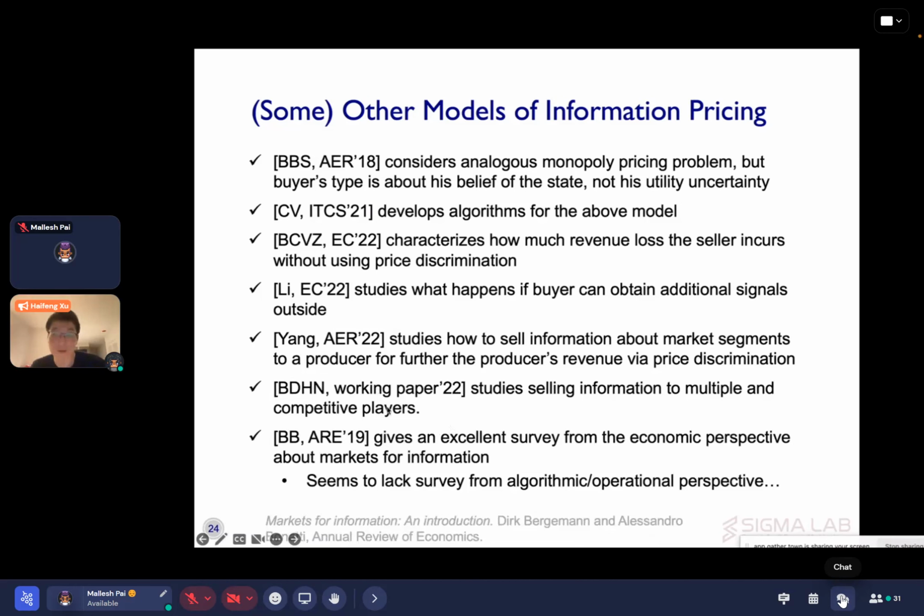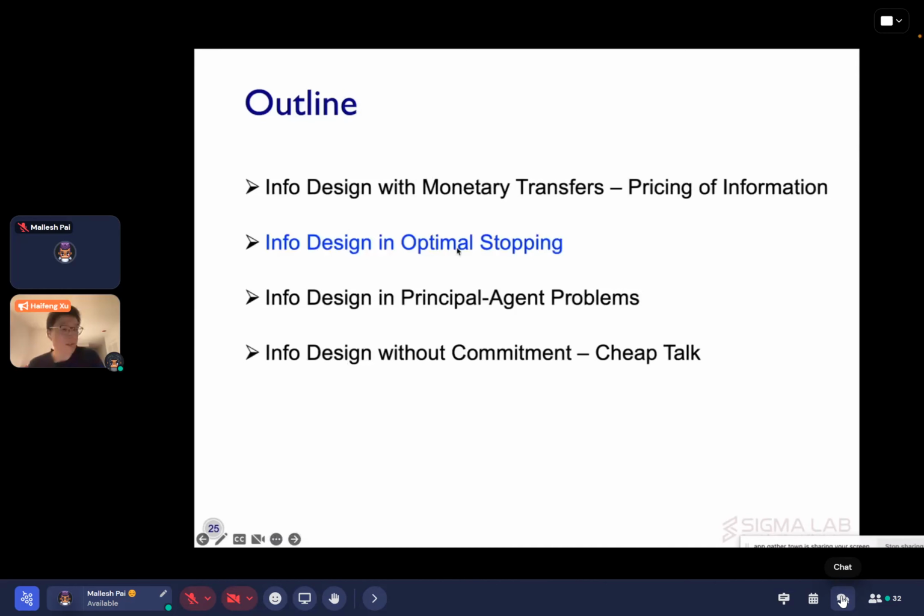And I think more usefully, there's a very nice survey by Bergemann and Bonatti, an econ perspective survey about markets for information that you can check out. But I think there seems to be a lack of survey from an algorithmic or operational perspective on this information pricing problem, as far as I know. Good. Questions here?